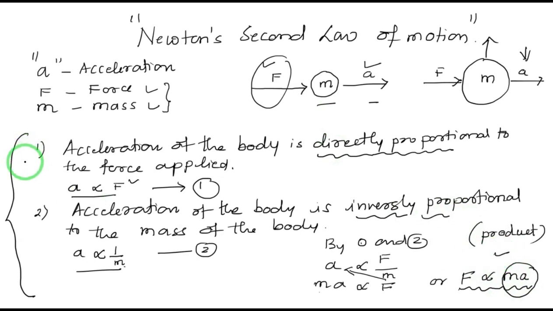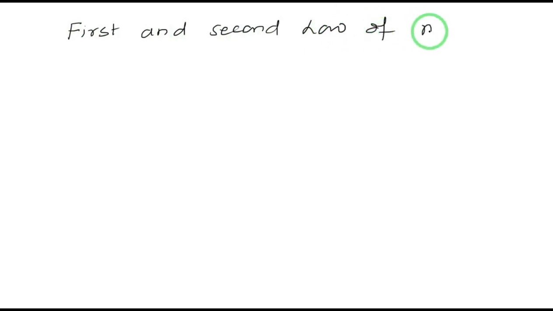You should know how it has come. This is the information derived from Newton's second law of motion. So far what we have learned is about the first and second law of motion, right? Second law of motion given by Newton.